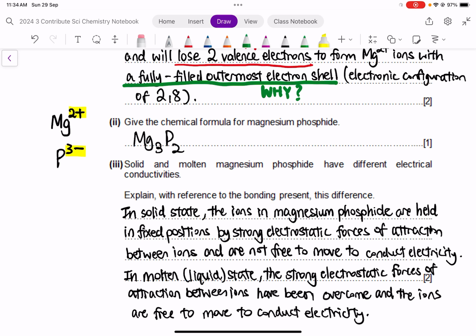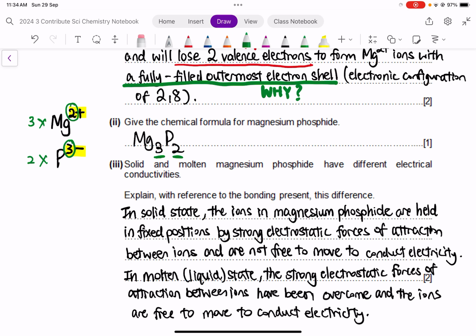Whenever you see 2 and 3 in the charge, you need to know that, okay, we need to work towards their common multiple. The lowest common multiple of 2 and 3 is 6, meaning I need to have 3 times of magnesium, 2 times of phosphorus in order to make 6+ and 6- to balance each other's positive and negative charges out. Therefore, the formula is Mg3P2, 3 magnesium, 2 phosphides.